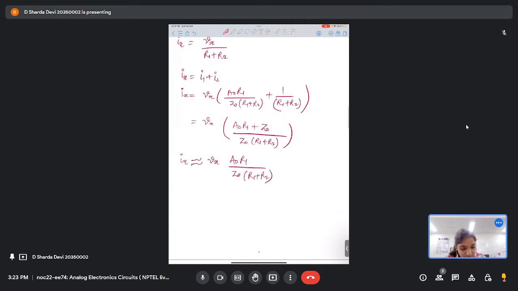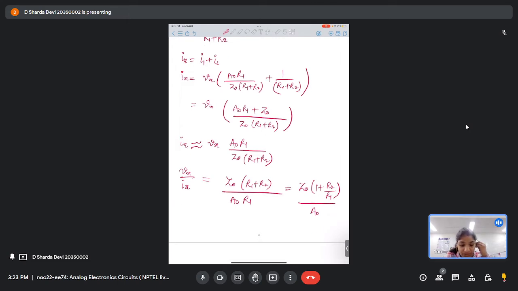So Vx by Ix becomes Z naught (R1 plus R2) upon A naught R1.